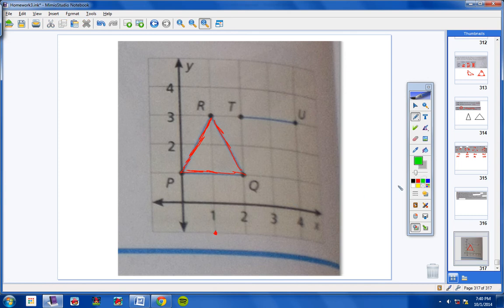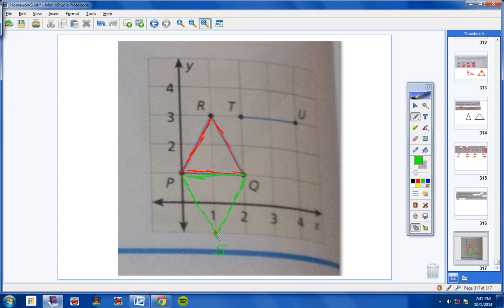I mean, think about it. If this is triangle PQR right here, then let's call this S. Then triangle PQS would definitely be congruent to this triangle here, because if you look, this triangle has a length of 2 going across, and this triangle does too, and both sides go over 1, up 2, over 1, up 2, and this triangle here goes over 1 and down 2, and over 1 and down 2.